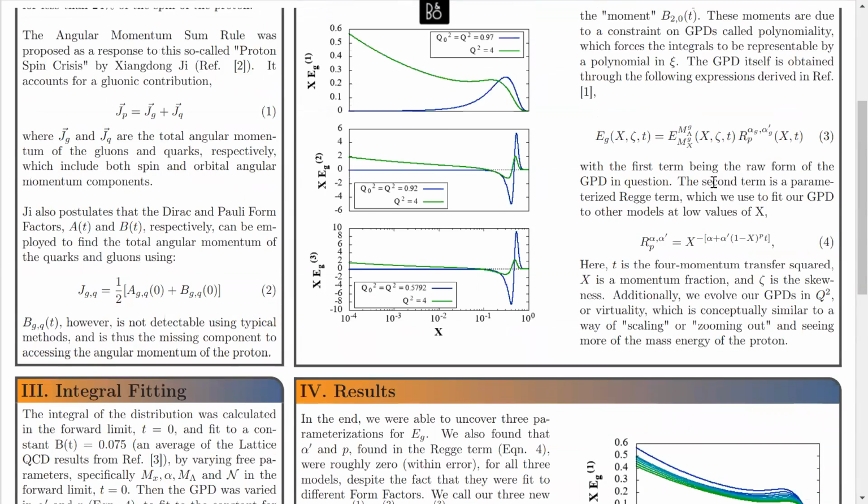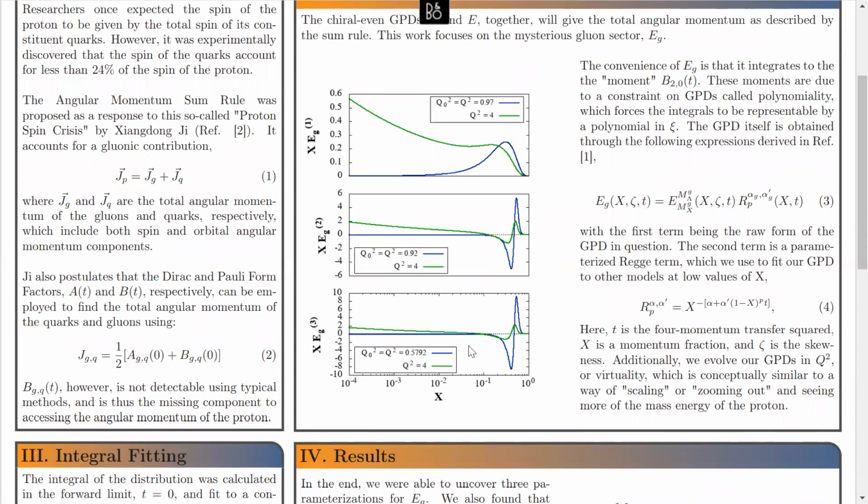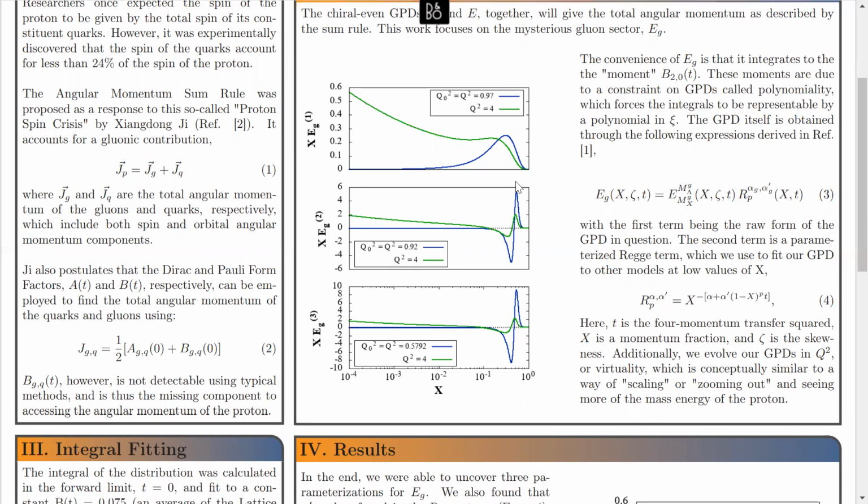This graph helps visualize what evolution in Q squared looks like. All three of these began at different initial Q squareds: 0.97, 0.92, and 0.58, but all three were evolved to Q squared equals 4.